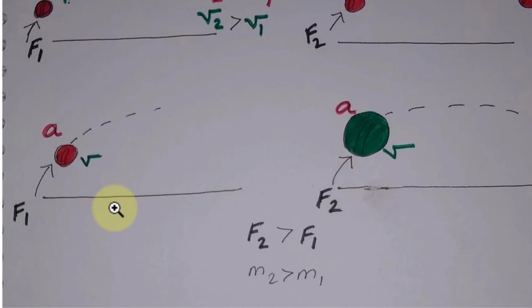Okay, so now here you have to apply some force on both the bodies. Let F1 force be applied on the tennis ball and F2 force be applied on the football. Of course, when you apply force, velocity change will be there. But the velocity should be the same.